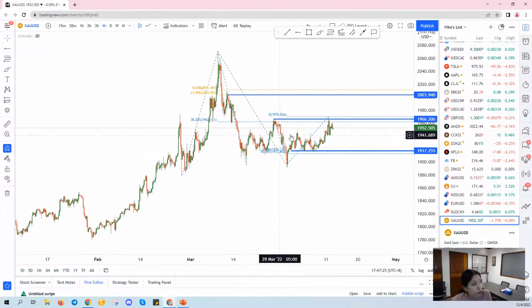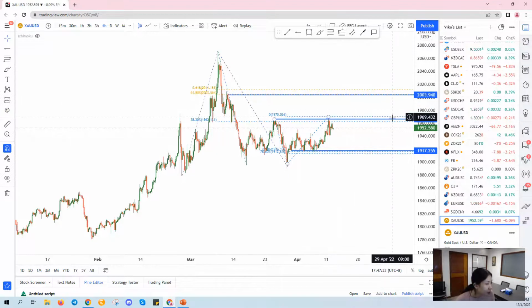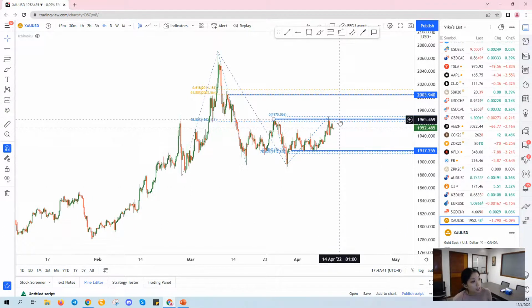This is our entry point, and this is our take profit, and this will be our stop loss level. So we are going to play for a reversal here. The price has already reached here, but you can wait for the price to touch here, and it's going to have a bearish reversal down. So we are playing for a short, and this level will be our stop loss.